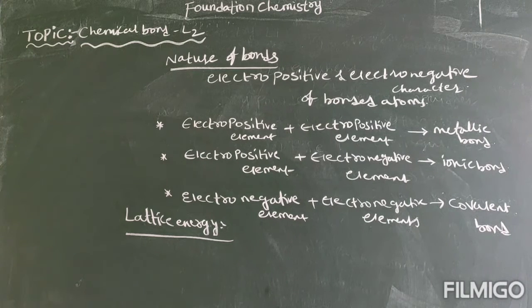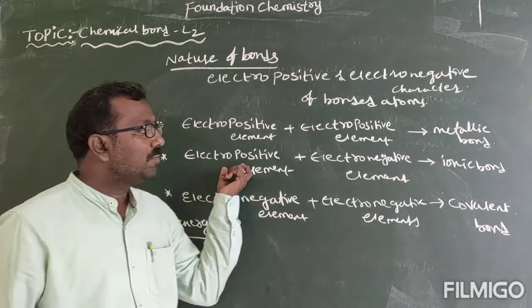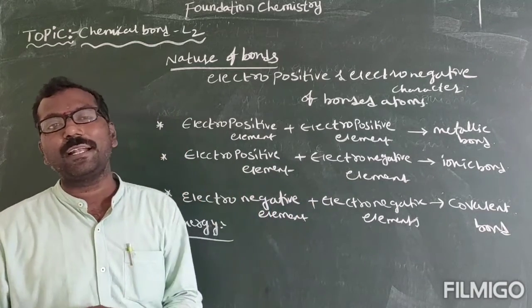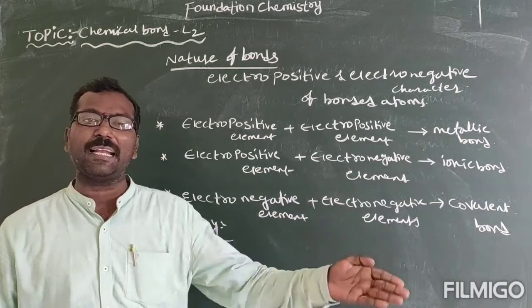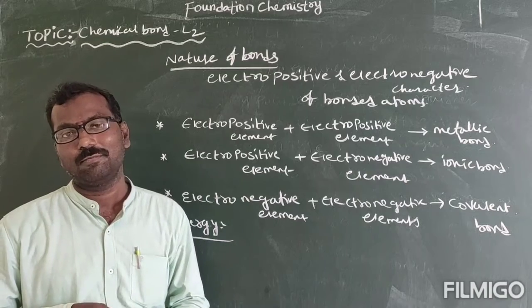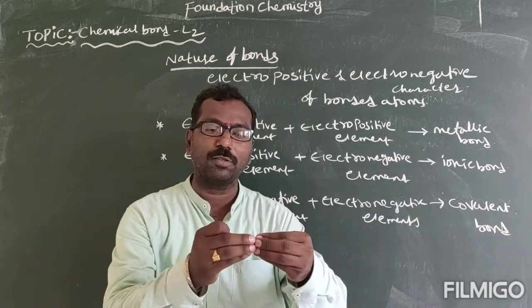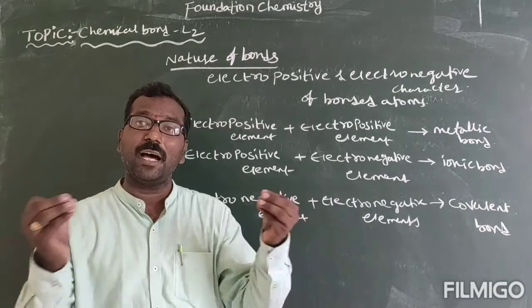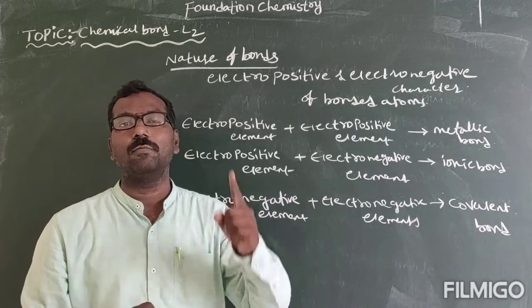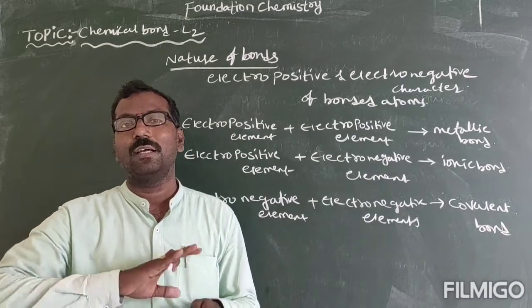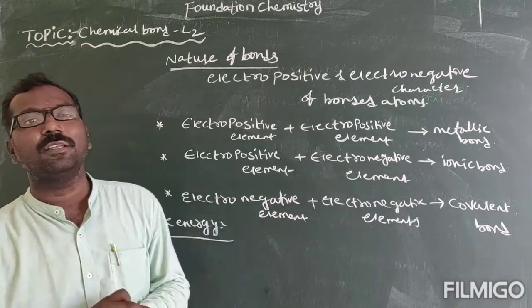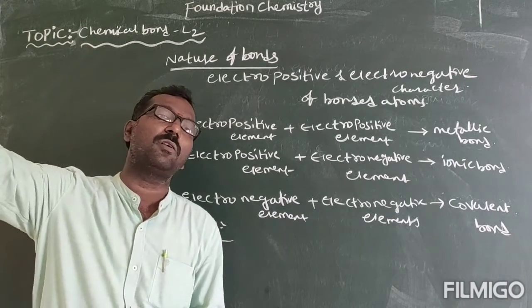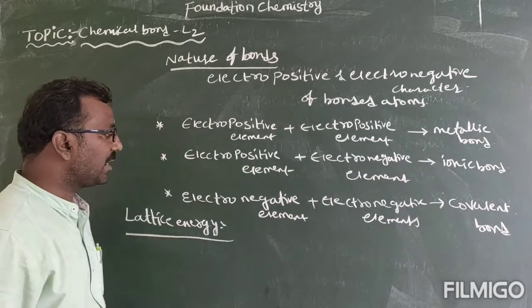Lattice energy is the electrostatic attractive force between a cation and an anion. When they result in 1 mole of a substance, some energy is released, and that amount of energy is called lattice energy.